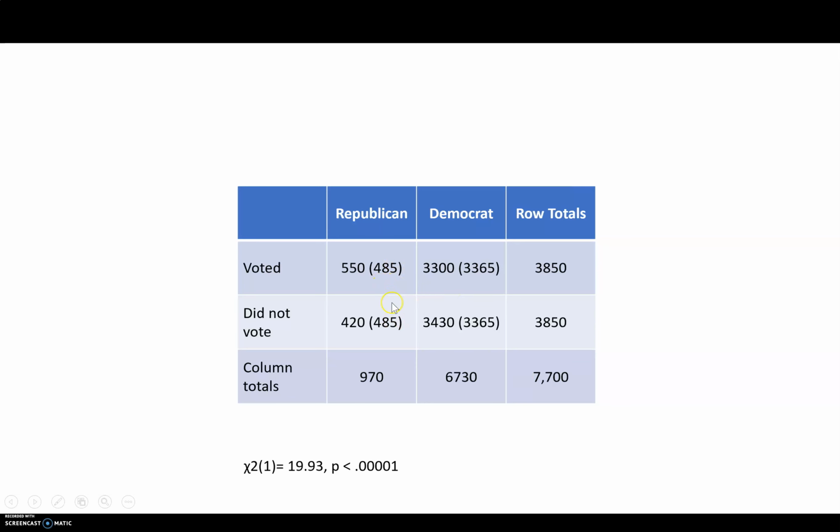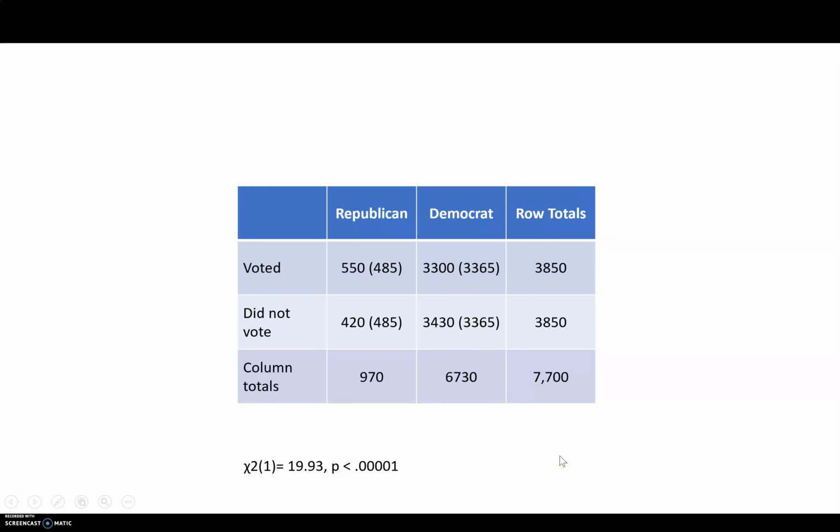So here we got 485 through 3365. And you can see that there are some pretty substantial differences, 550 versus 485. And also the pattern is swapped depending on if you're Republican or Democrat. So chances are something is going on here. And sure enough, if you actually crunch this out, you get a pretty big chi-square and a very low p-value.